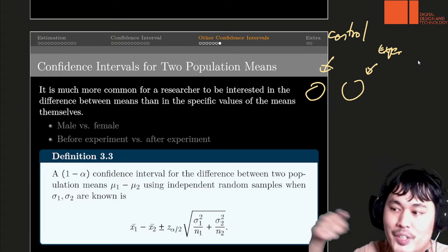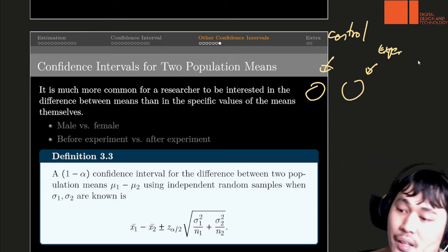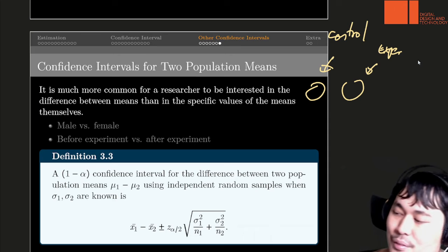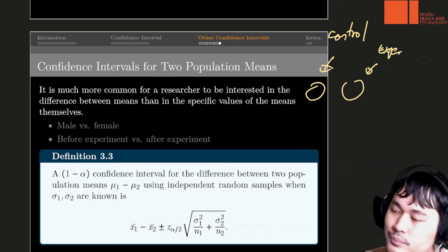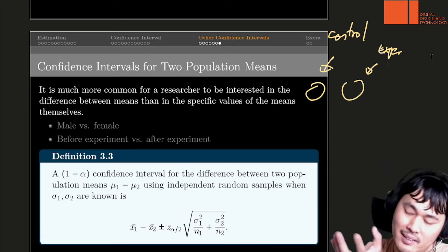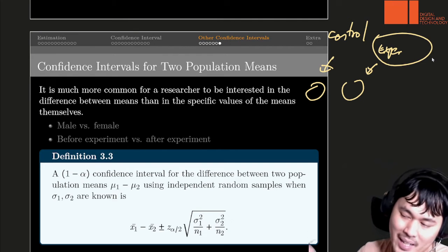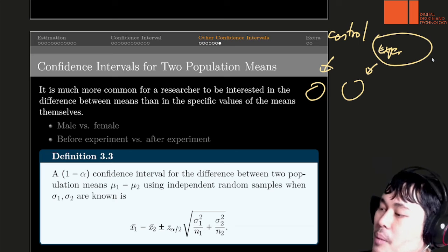Maybe you ask them to drink tea before finishing exams, or you give them exams that are more difficult or have some funny things inside. And you want to compare whether whatever you do to them makes a difference compared to the control group.